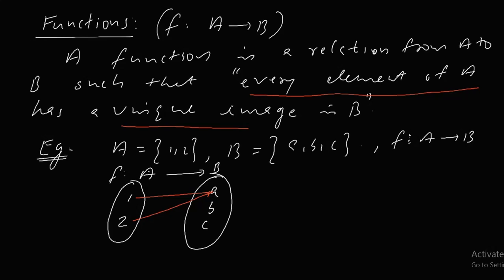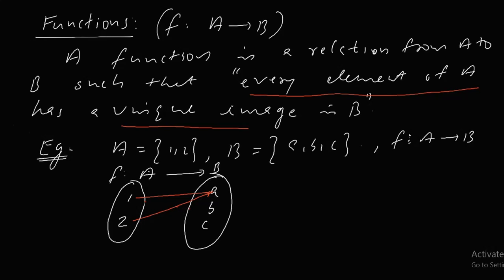If 1 had two images, like if 1 is mapped to a and at the same time 1 is mapped to b, then this would not have been a function, because 1 has two images. It's not unique. But now it is a function, because 1 is mapped only to a and 2 is also mapped only to a.